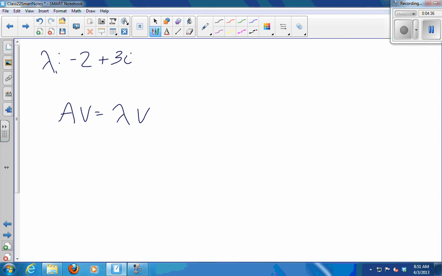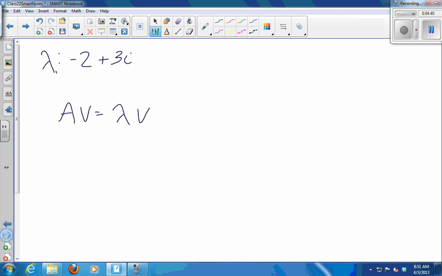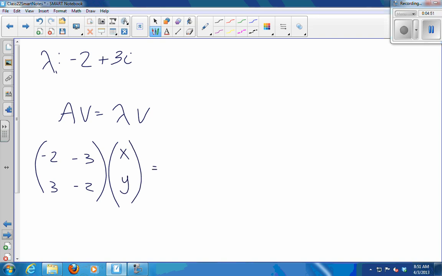I'm going to replace A with the original matrix, negative 2, negative 3, 3, negative 2, times (x, y) equals lambda, negative 2 plus 3i, times that same vector (x, y).